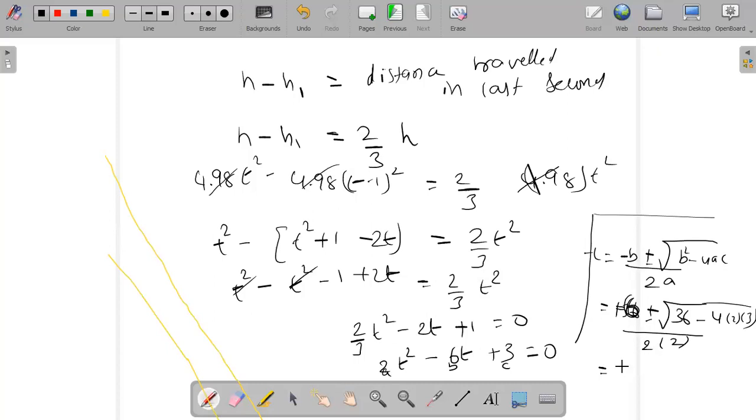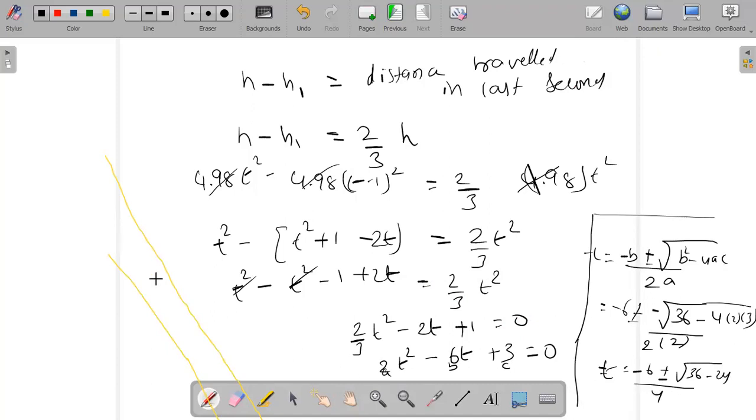So tell me the answer. Everyone try to solve this. t is equal to minus of minus 6, so this will become 6 plus or minus under root of 36 minus 24, divided by 4.